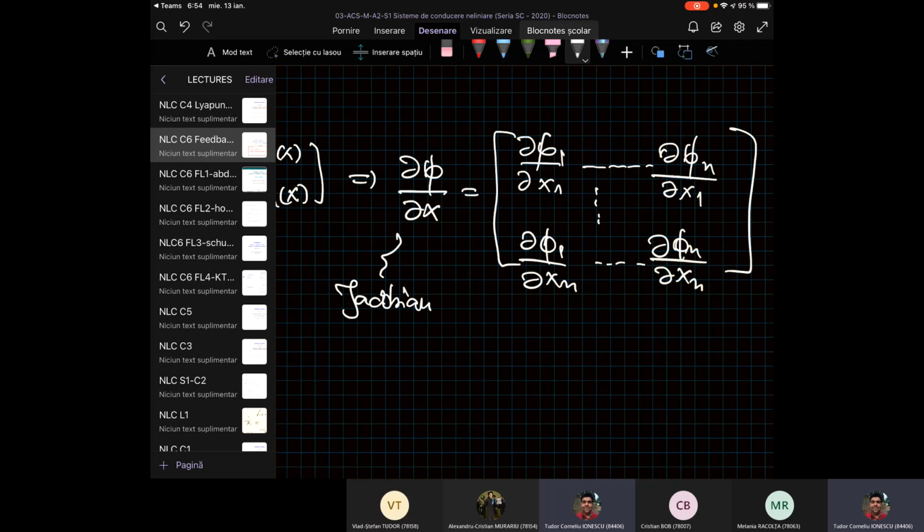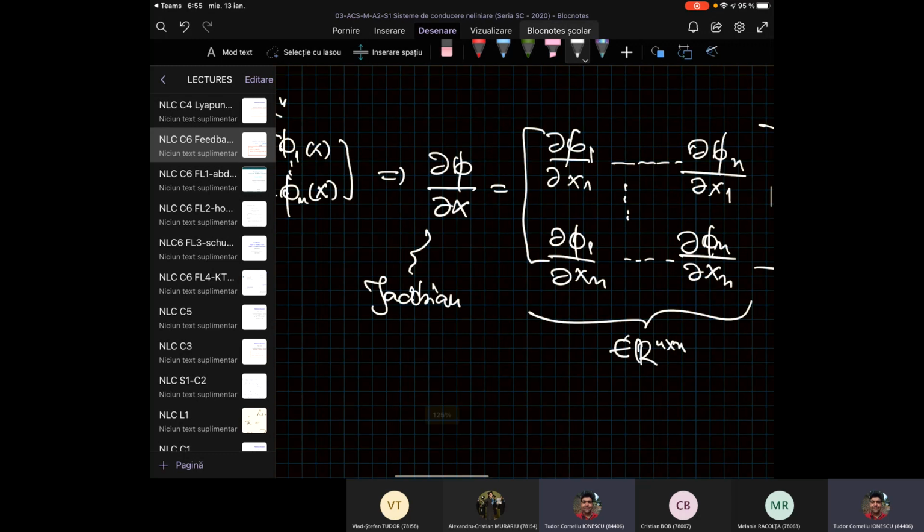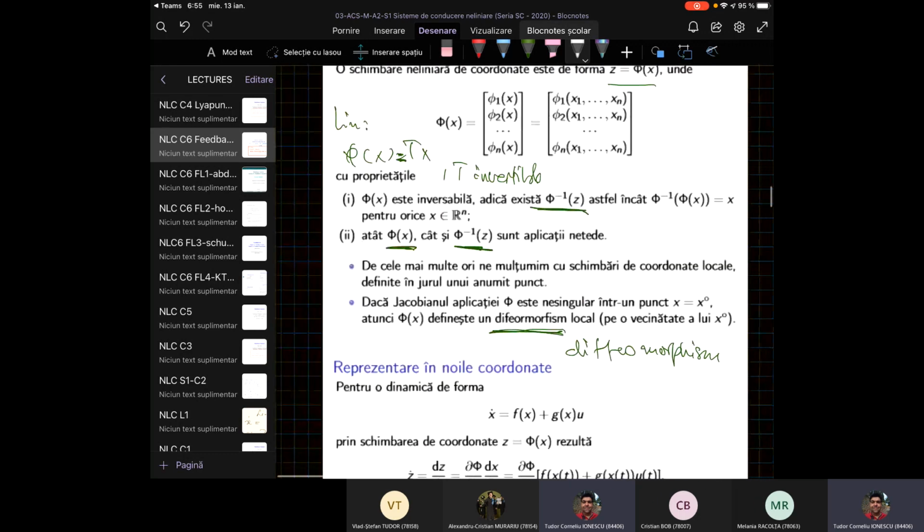We used this when we did equilibrium points, for classic linearization. You remember that? The Jacobian is a matrix belonging to R n times n. So we need the Jacobian in this case to be invertible.